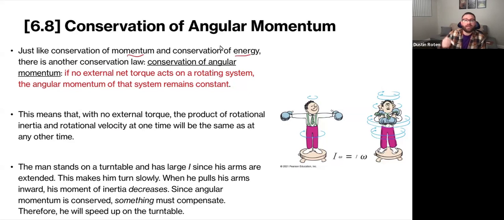So if there's no net external torque acting on a rotating system, we've heard that before, then the angular momentum of the system remains constant. This means that with no external torque, the product of the rotational inertia and the rotational velocity at one time, right? So this is at one time, will be the same as any other time.